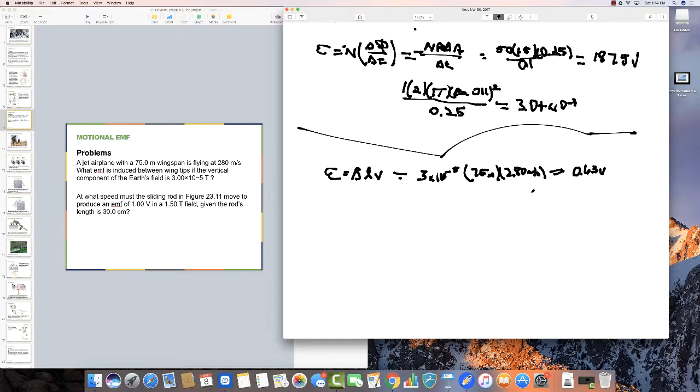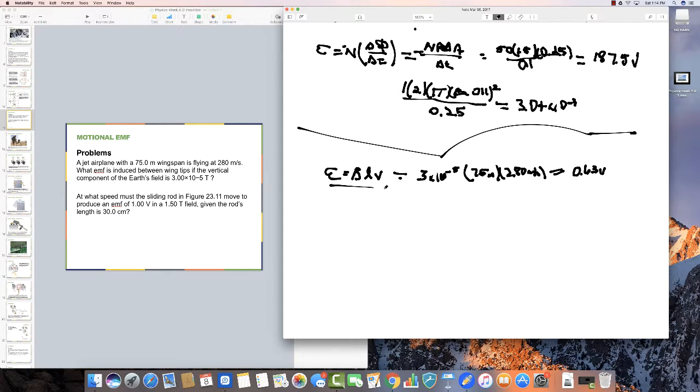The second question: at what speed must a sliding rod in figure 23.11, which is in your notes, move to produce an EMF of 1 volt in a 1.5 Tesla field if the rod's length is 30 centimeters?